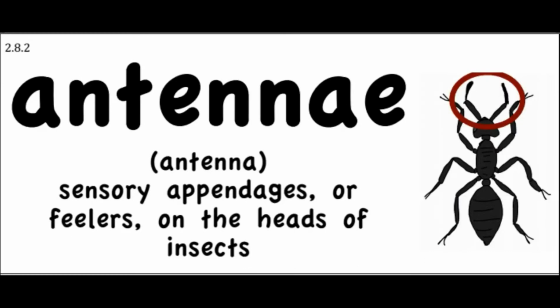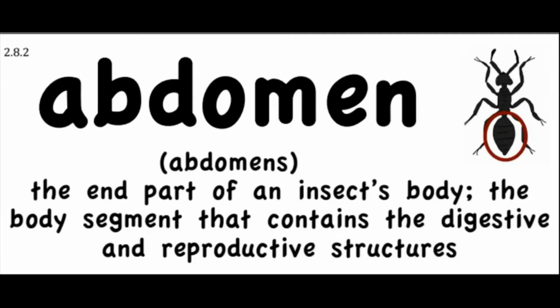Antennae, or if it's singular, antenna. These are the feelers on the heads of insects. Abdomen. The abdomen is the end part of an insect's body. The abdomen contains the digestive and reproductive systems.